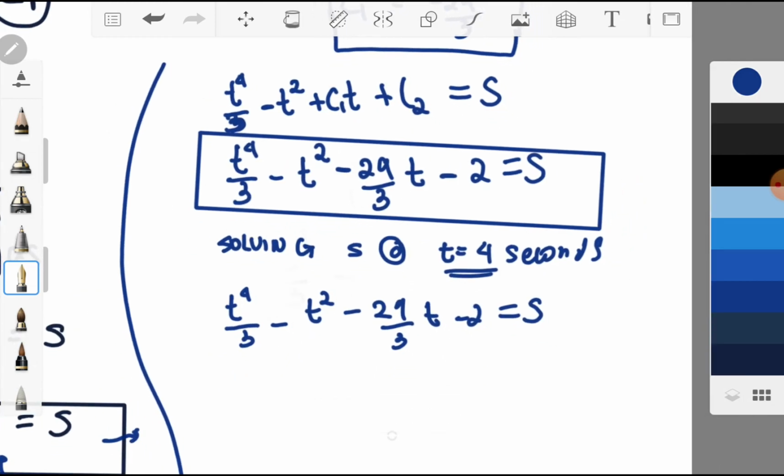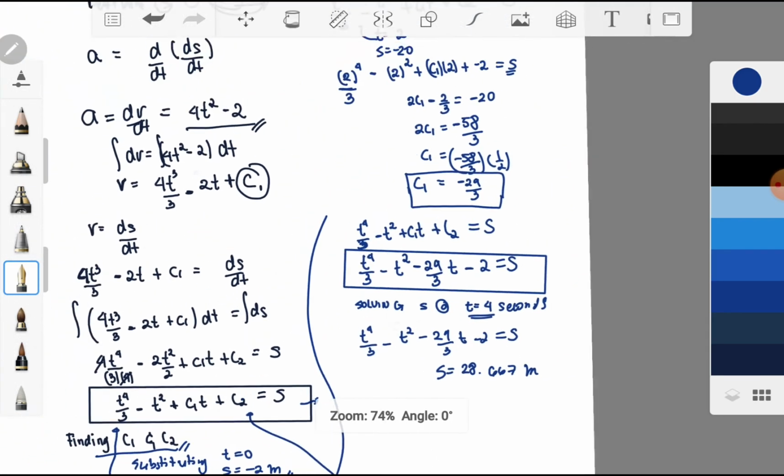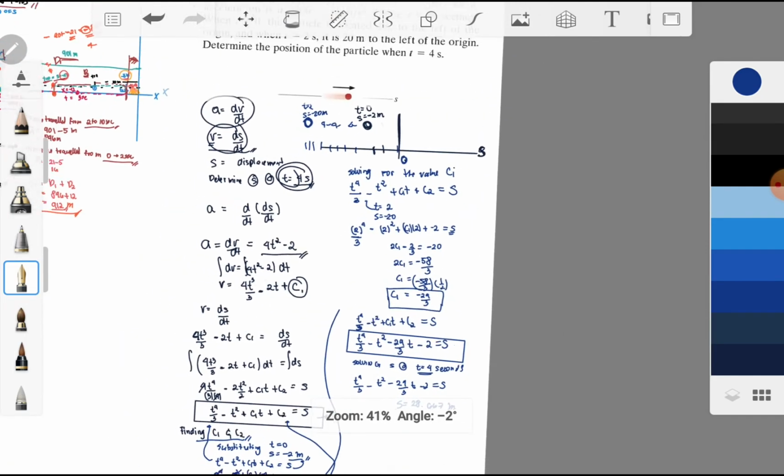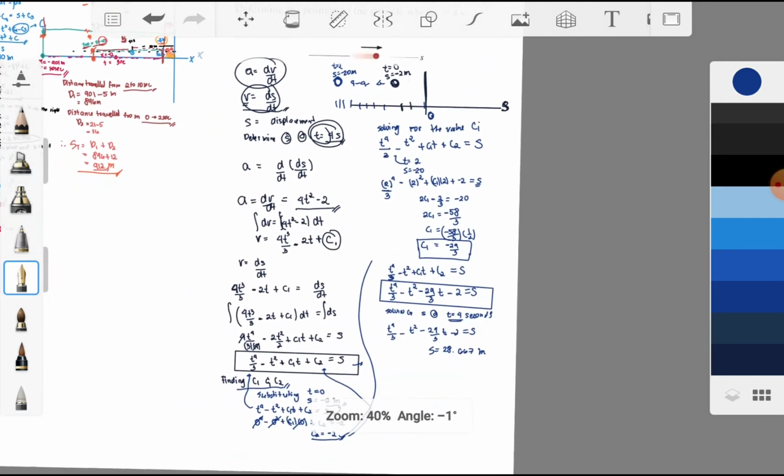Actually, you can use your calculator in solving this one: alpha x raised to 4 divided by 3 less alpha x squared minus 29 over 3 alpha x minus 2. Calc at t is equal to 4 equals s is equal to 28.667 meters.